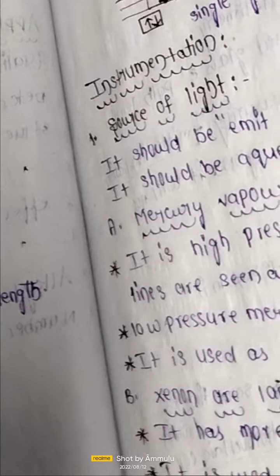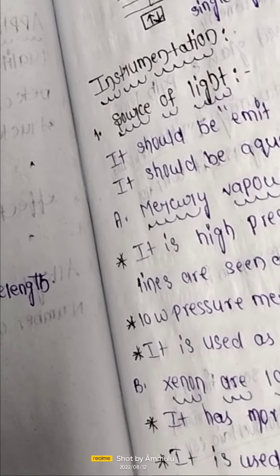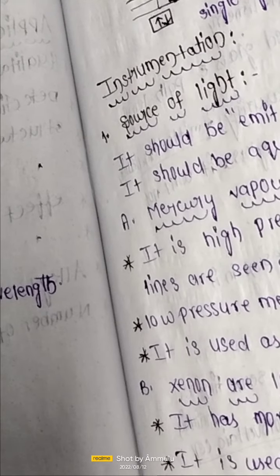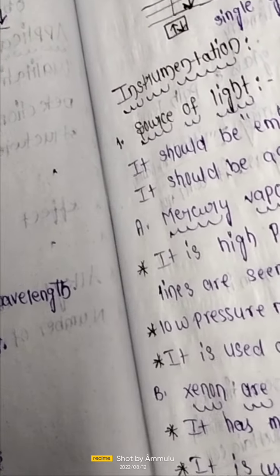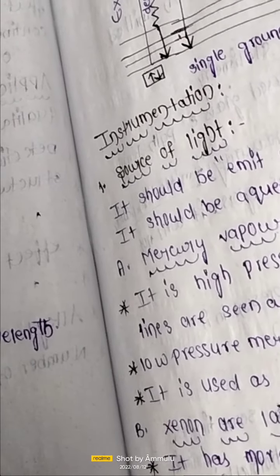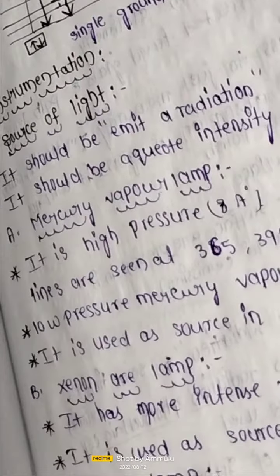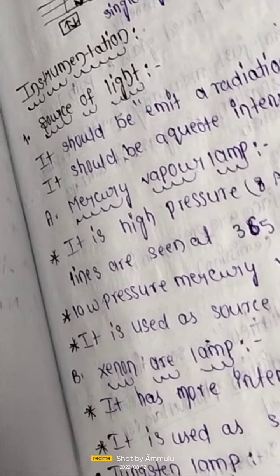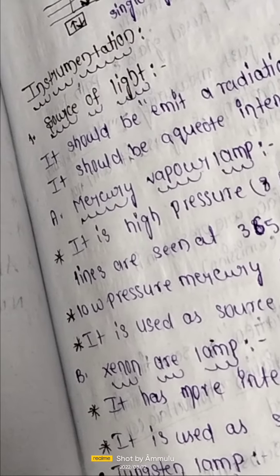It is having high pressure, like 8 Angstrom units, and a continuous background will occur at 380 nanometers, which is nothing but ultraviolet radiation, and low pressure will be used. A low pressure mercury vapor lamp is used in this technique, and it is used as a source in the filter type of fluorimeter.